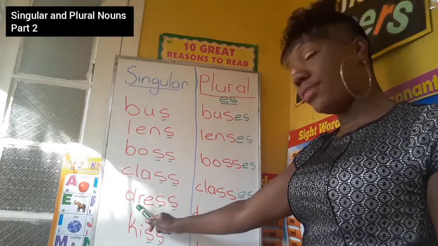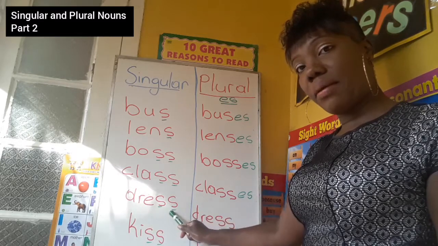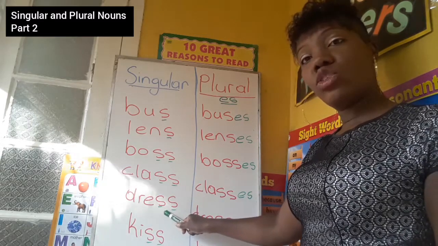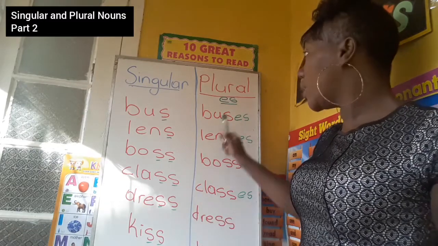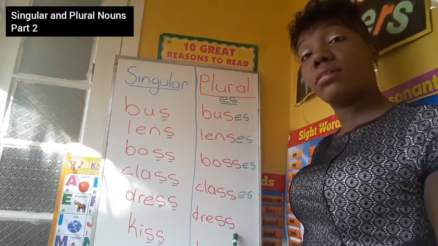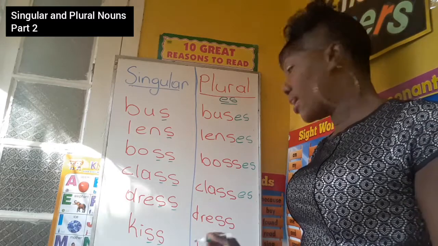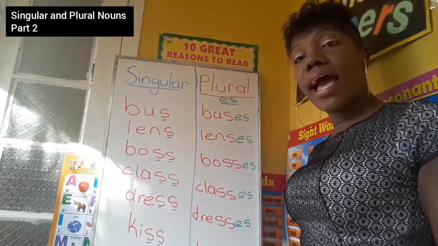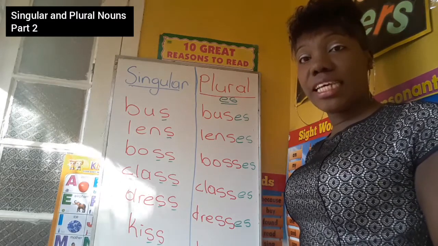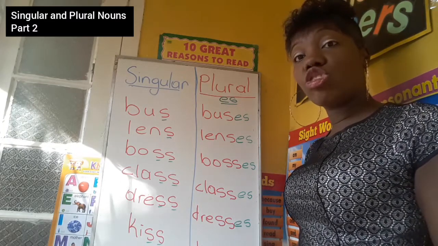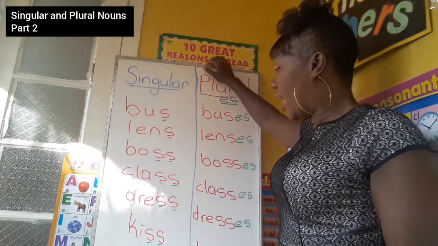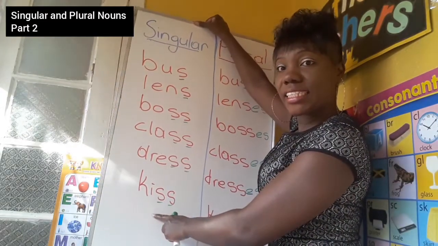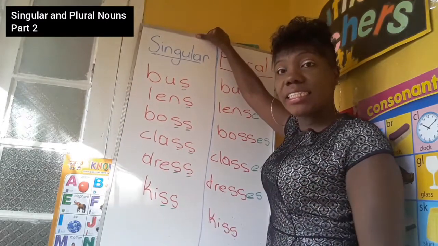Here we have dress. Dress, and it ends with two S's. What do we add to it to make it plural? ES. And now we have dresses. And down here, this is kiss.